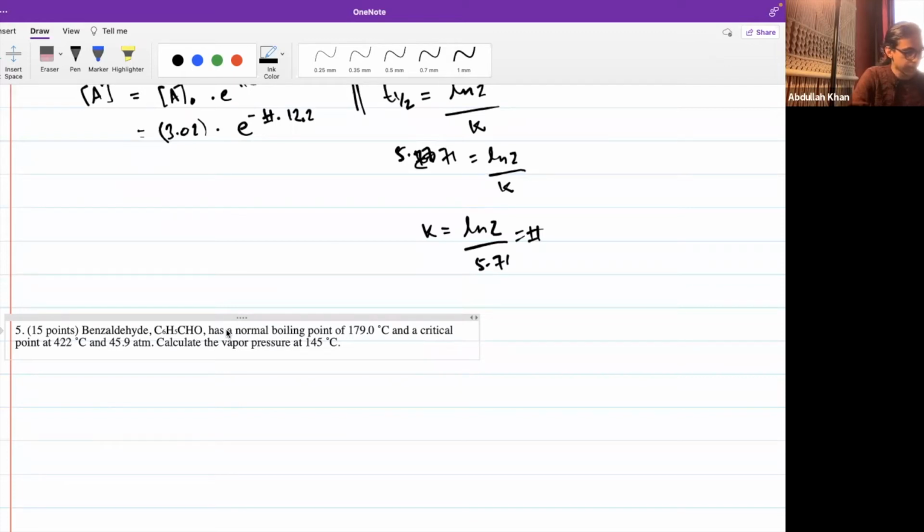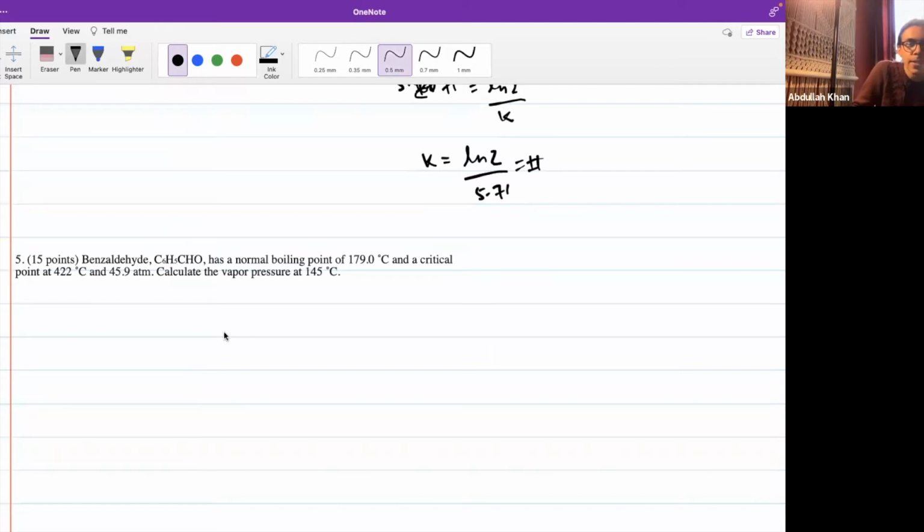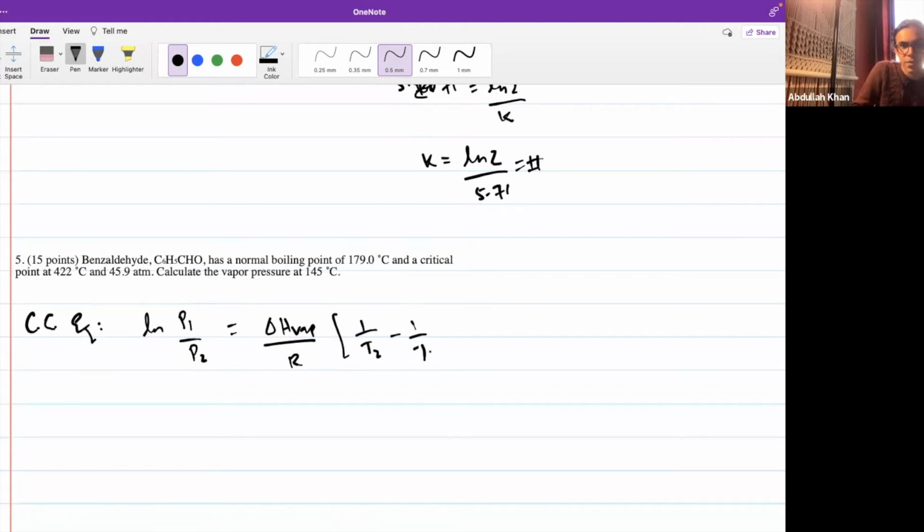Vapor pressure has this equation, the Clausius-Clapeyron equation, which goes ln P1 over P2 equals delta H vaporization divided by R times 1 over T2 minus 1 over T1.